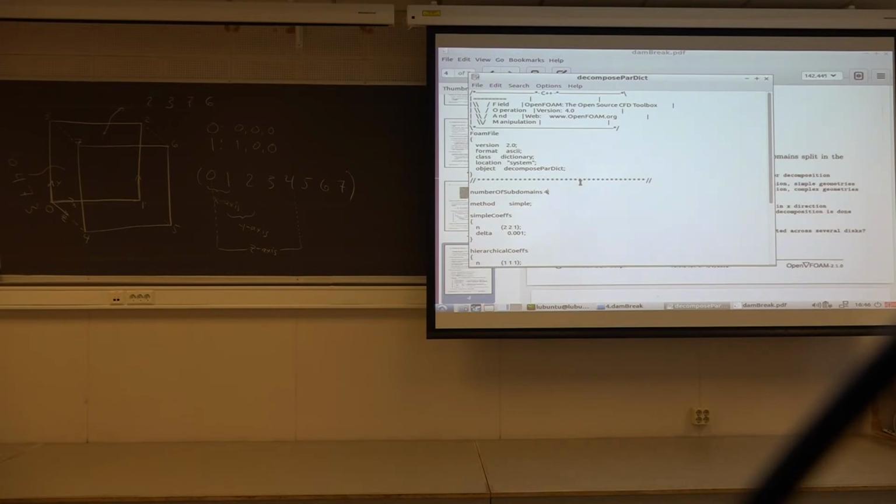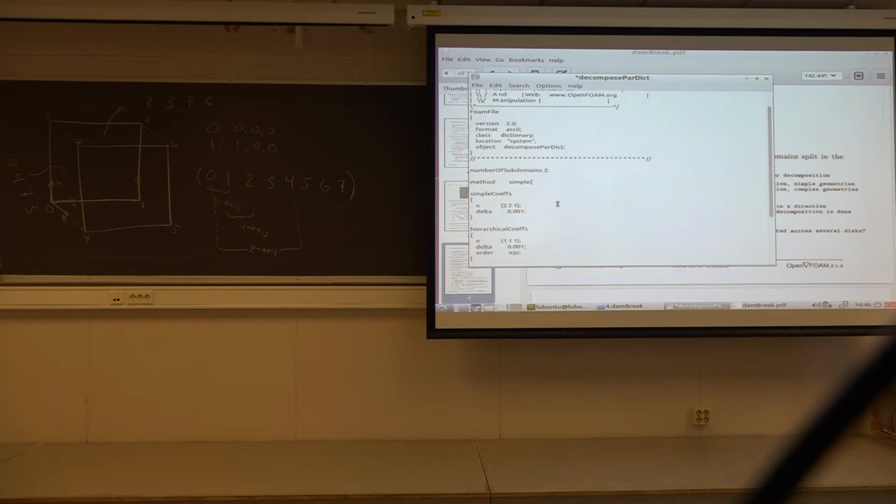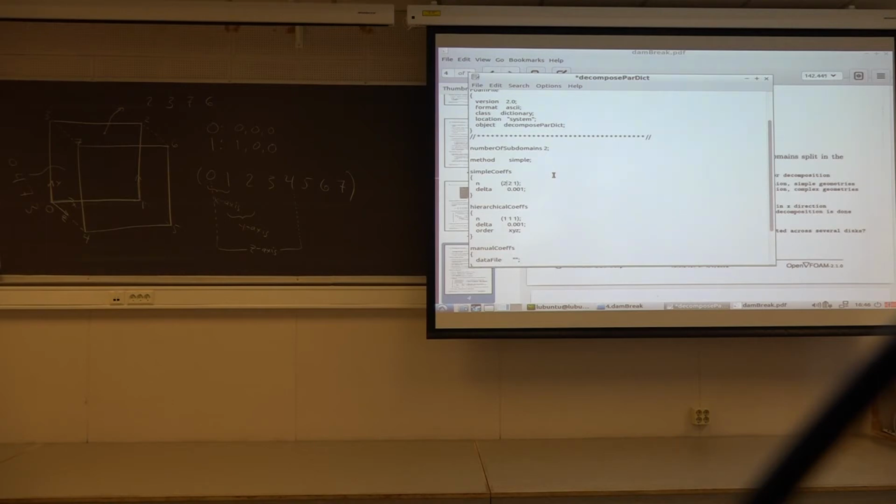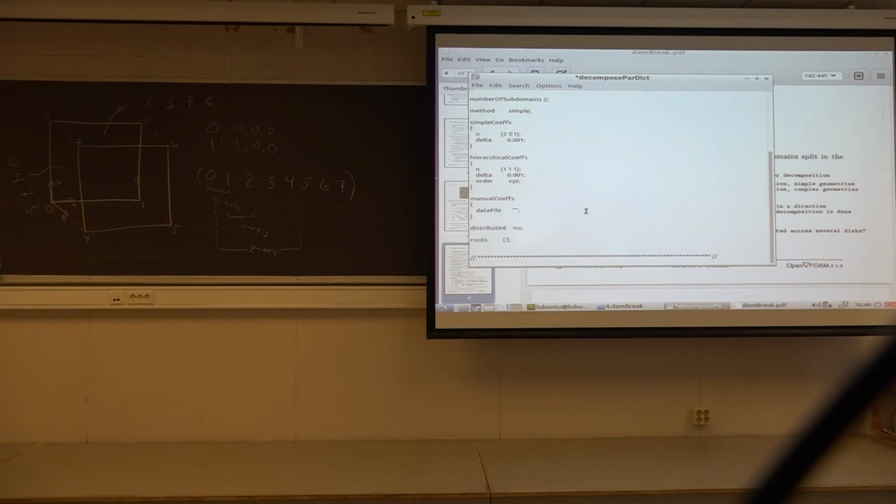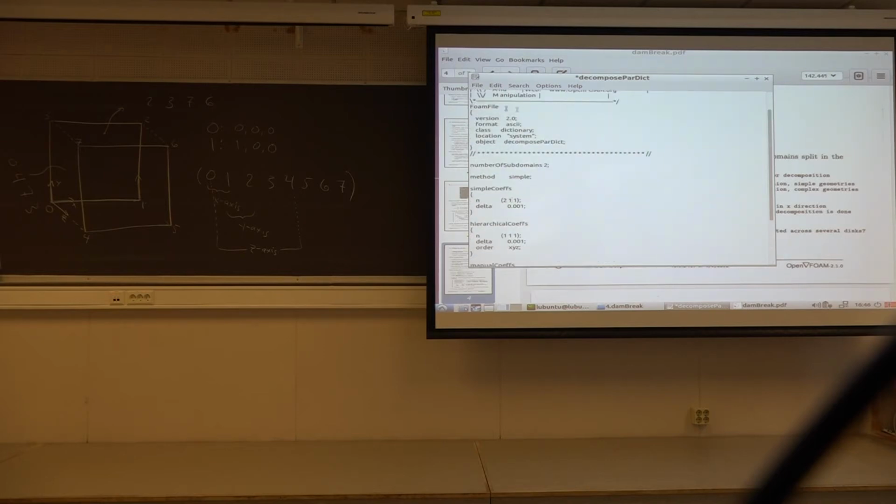I want to have only 2. Simple method of how to split it, and not as it suggests here 2 by 2 by 1. I want to have 2 by 1 by 1. So now I should have split this one in half. So we save this one.